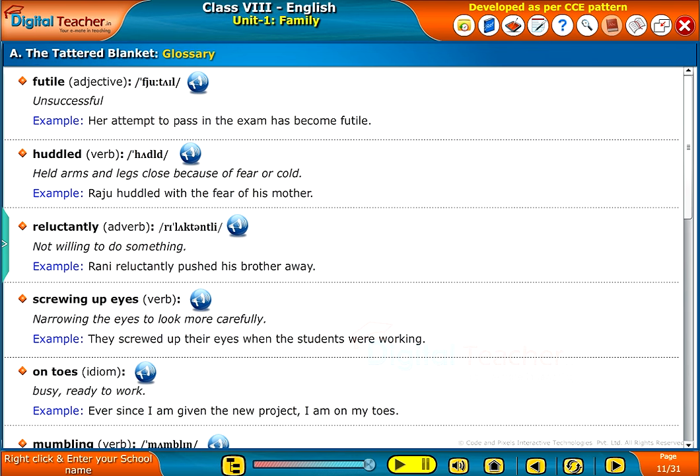Glossary. The meanings of certain words along with their usage in a sentence are shown. Click the audio button to listen to the pronunciation of each word.